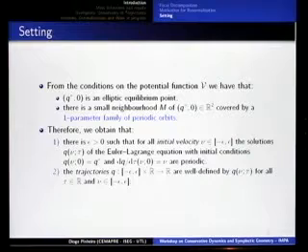And therefore, we can define the trajectories with these small initial velocities by the solution of that Euler-Lagrange equation. And these solutions are well defined for all time.